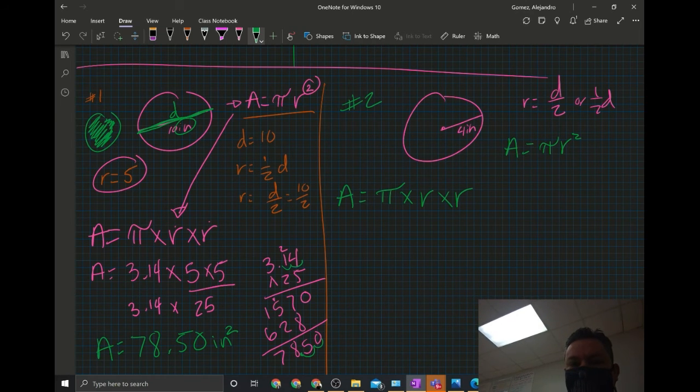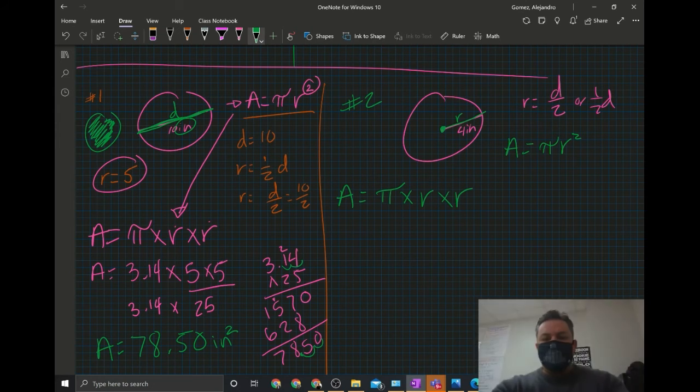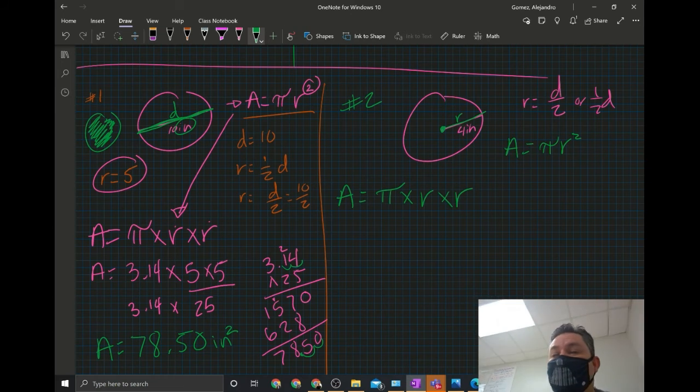And if we look at number 2, the line that we have is from the center of the circle to the edge. So they already gave us the radius. Remember, if you extend your arms, that's the diameter. If you close one arm, that's the radius. That's the same thing for the circle. In this case, we already have the radius, so we don't need to convert anything.